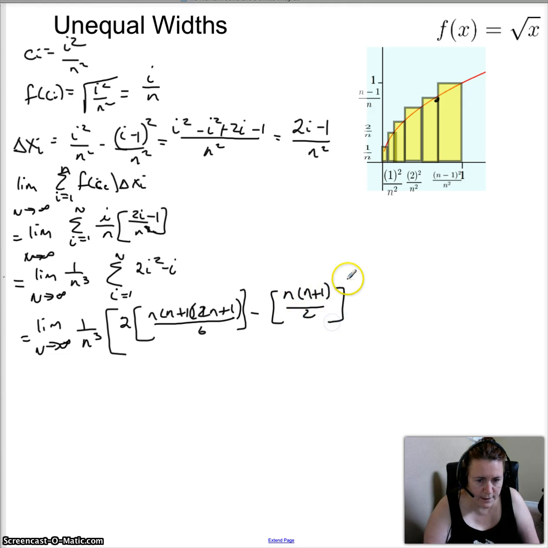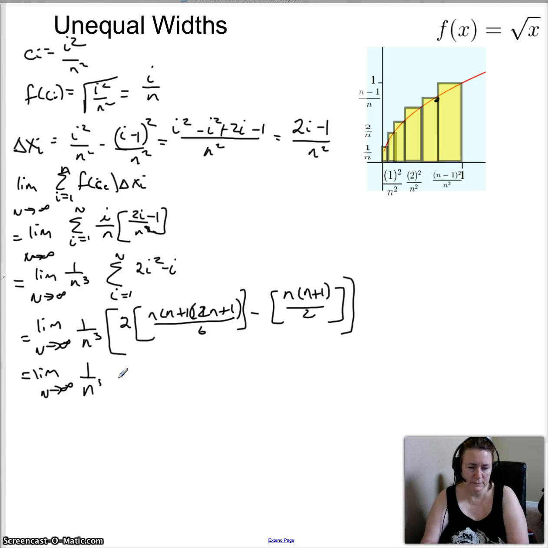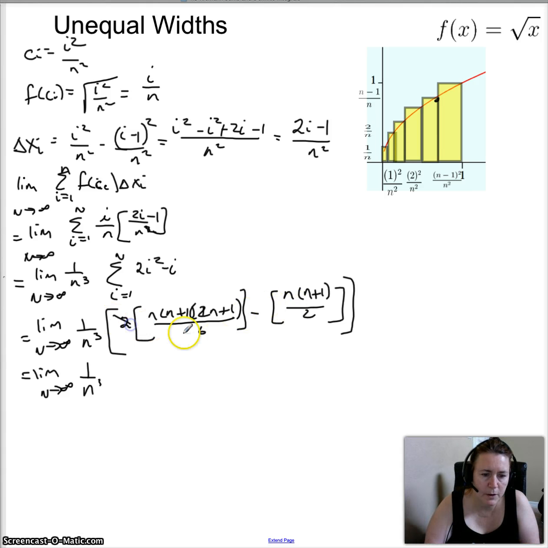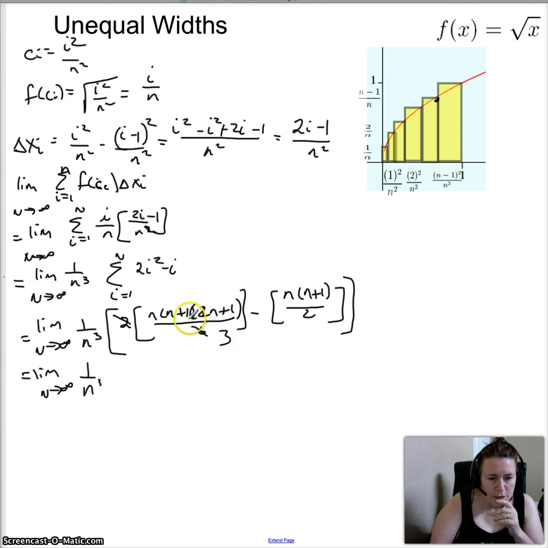All right, now comes just a little bit of algebra. Let's see what we get. This is the limit as n goes to infinity of 1 over n cubed of... So if I multiply this through, this is n squared plus n times 2n plus 1.